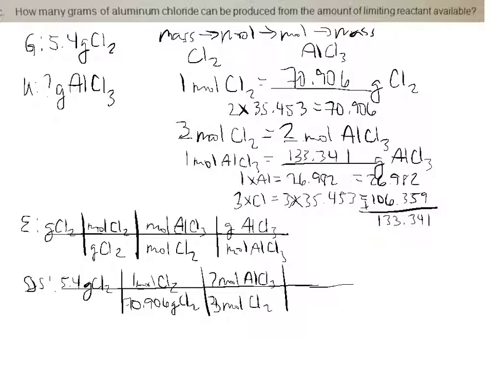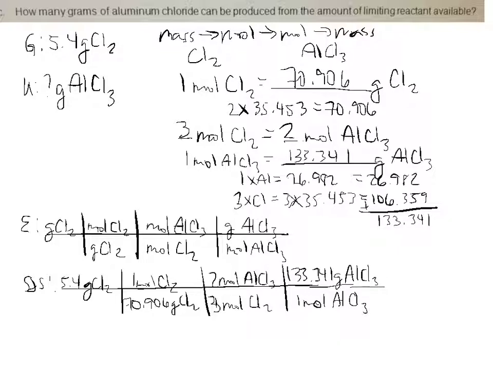And then we're to our last one, grams and moles. So 1 mole of aluminum chloride is equal to 133.34 grams of aluminum chloride. Grams is on top, so we got 133.341 grams of aluminum chloride, and that's all over 1 mole of aluminum chloride.